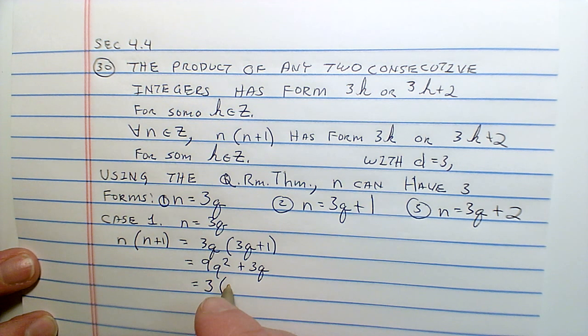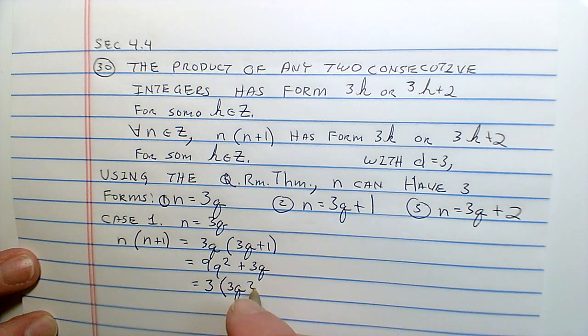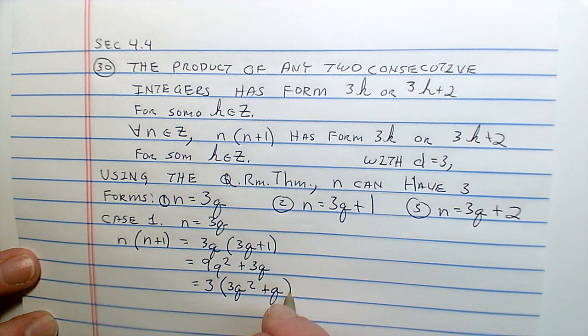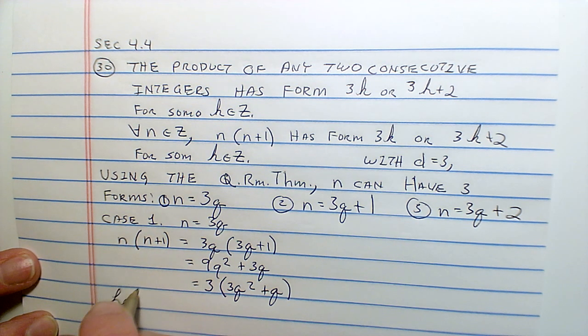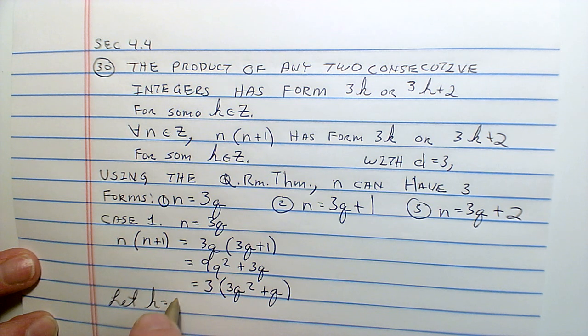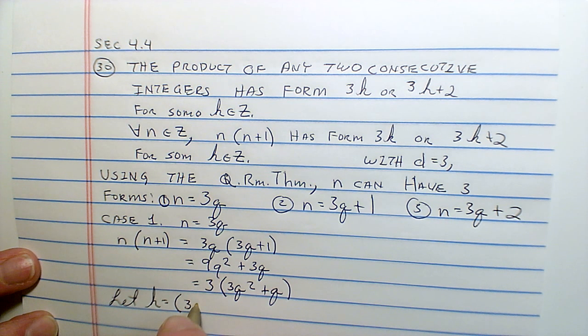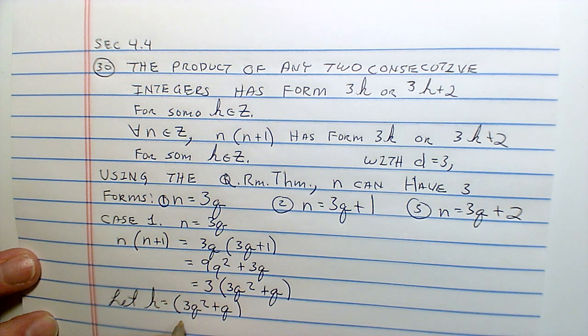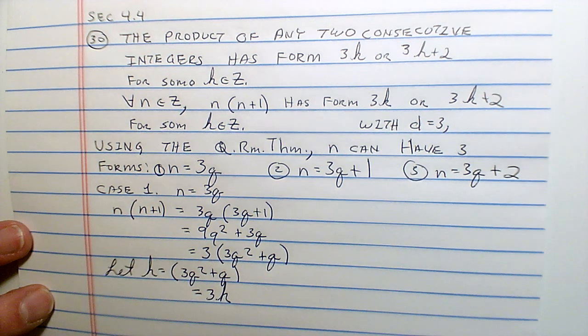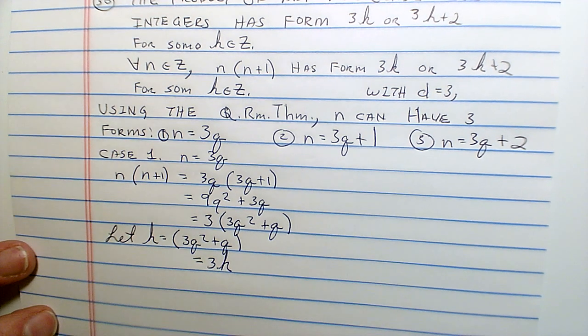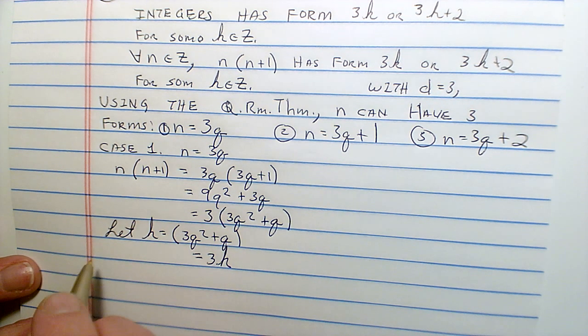So here we have 3 times 3q squared plus q. If we then let our k equal the expression that's in the parentheses, the 3q squared plus q, then we can see this is of the form 3k, and it fits in with the first form of the 3.